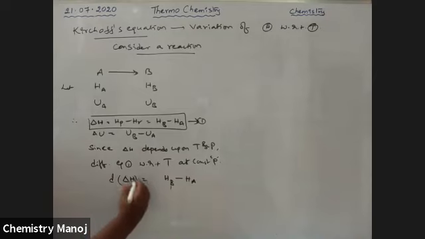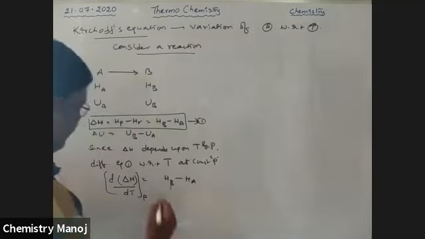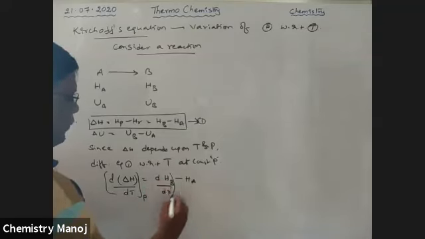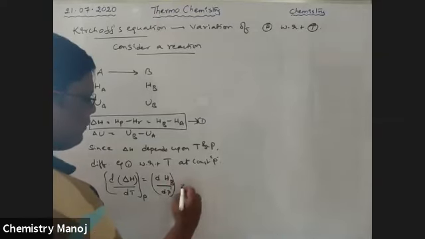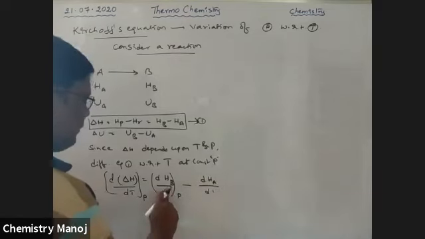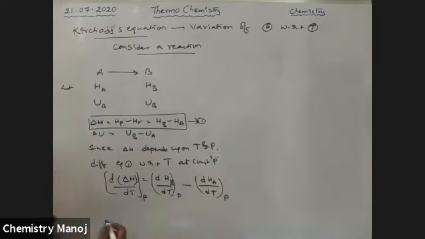d delta H by dT at constant pressure is equal to dHB by dT at constant pressure minus dHA by dT at constant pressure.